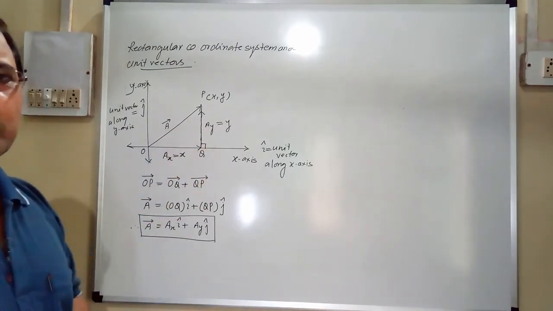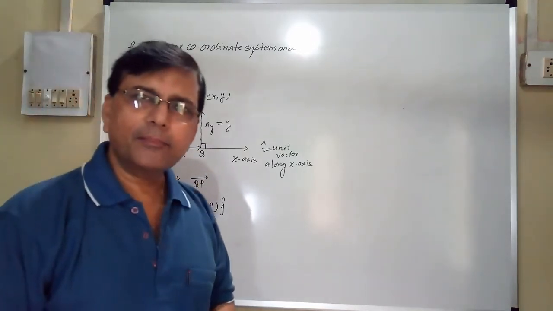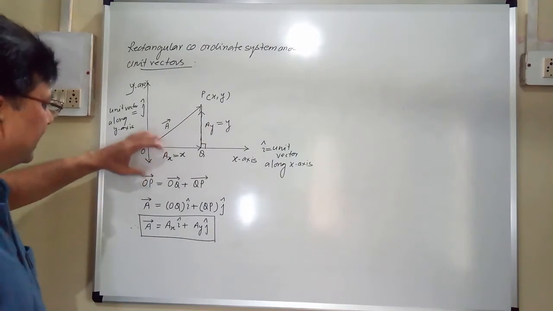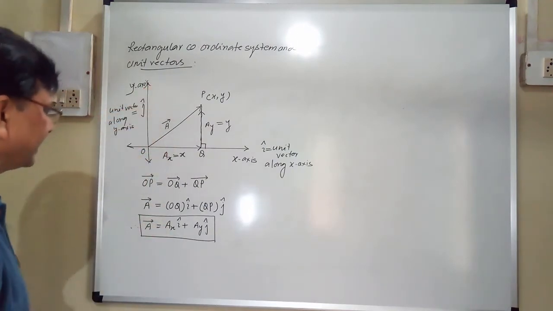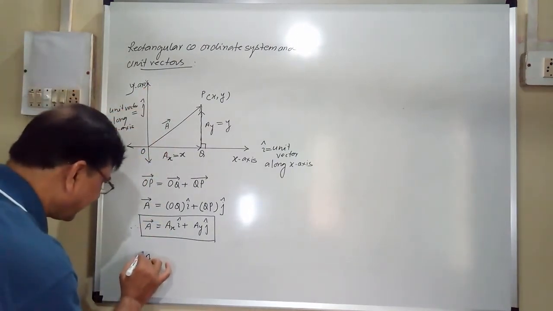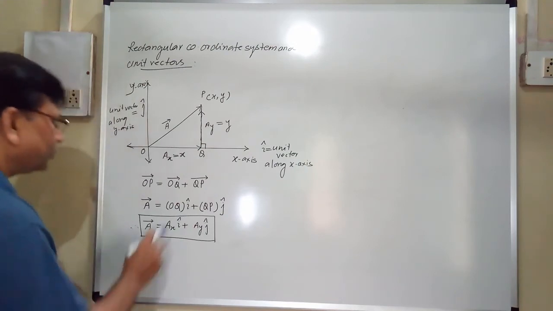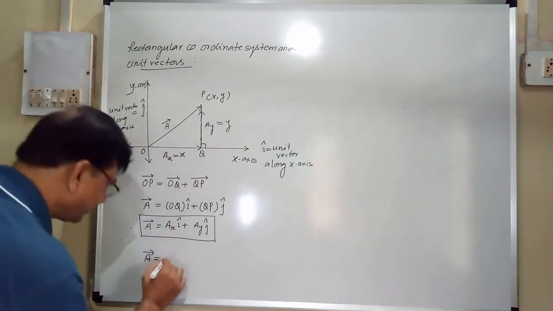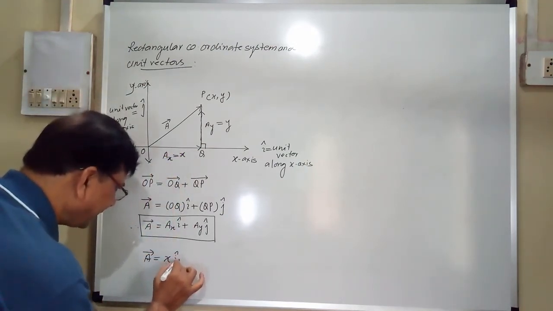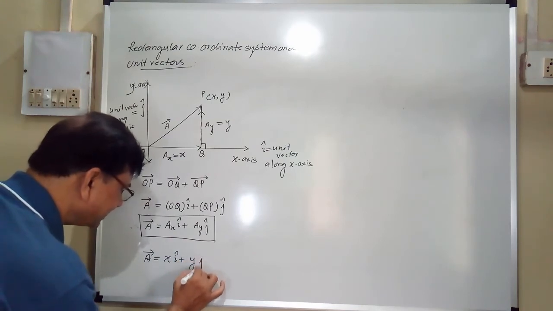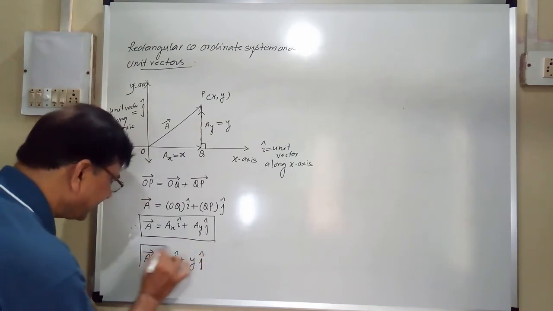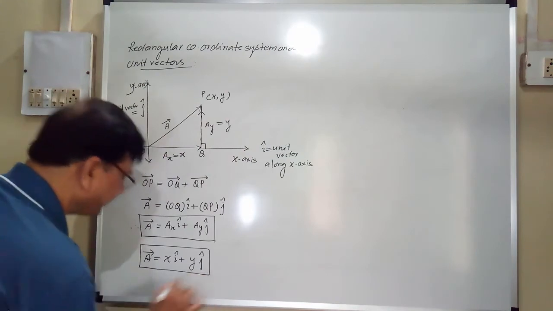That is why it is called the rectangular component of the vector A. This can be written as vector A is equal to, because AX is equal to X, XI plus YJ. This can be written like this also.